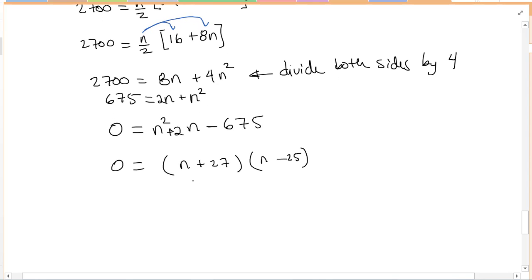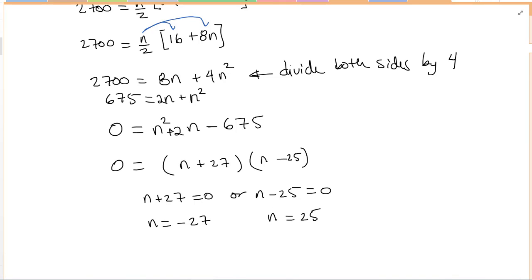Now using the zero product property, either n plus 27 is 0 or n minus 25 is 0. This one gives me n is minus 27, which can't be. Why not? n is supposed to be a natural number. Natural numbers are the positive counting numbers, so it can't be that. And this one says n is 25. So our answer is 25.